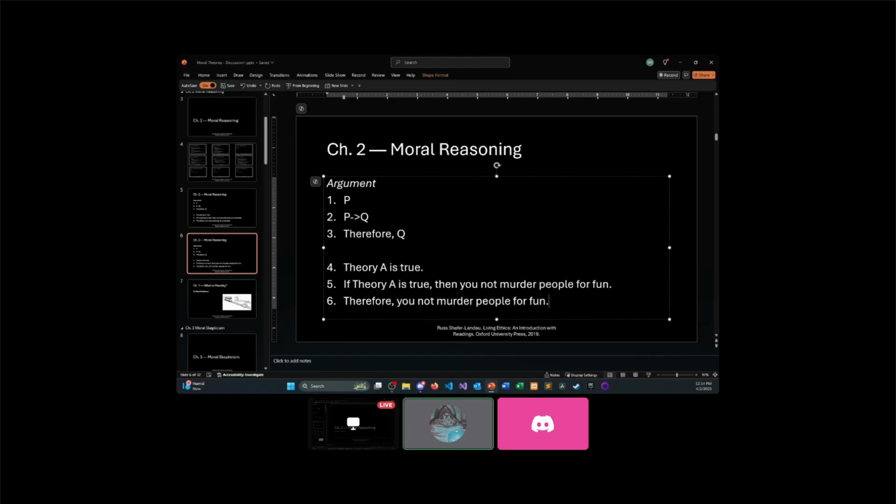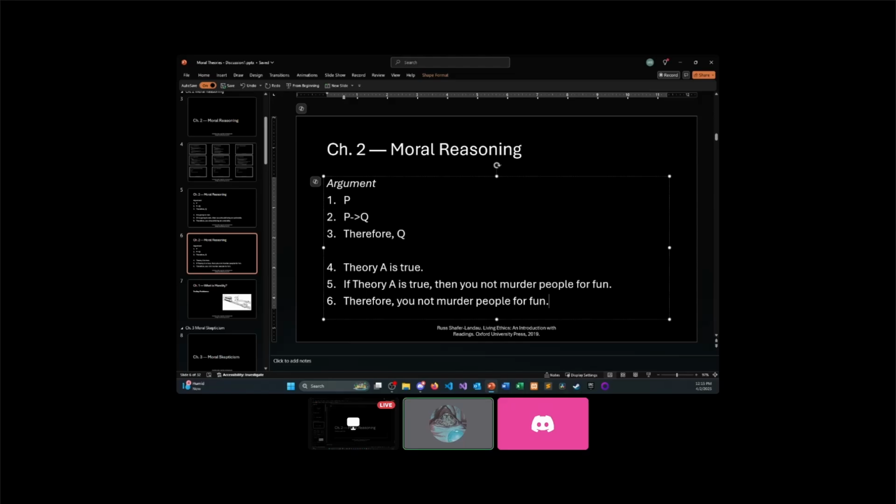So it's possible that theory A is false, right? If theory A was false, then we wouldn't be able to say therefore you should not murder people for fun, because we're saying theory A is false.